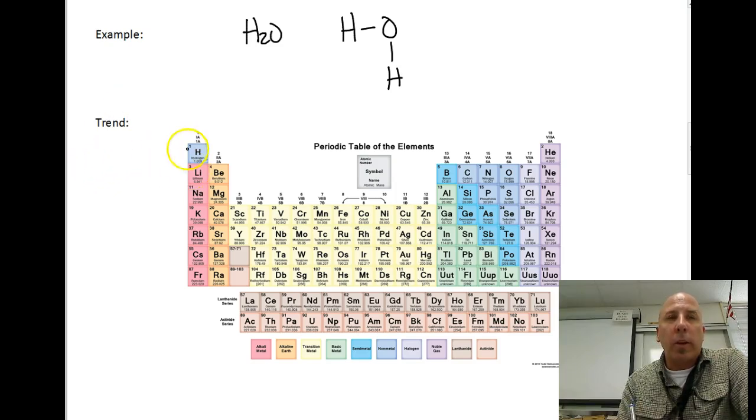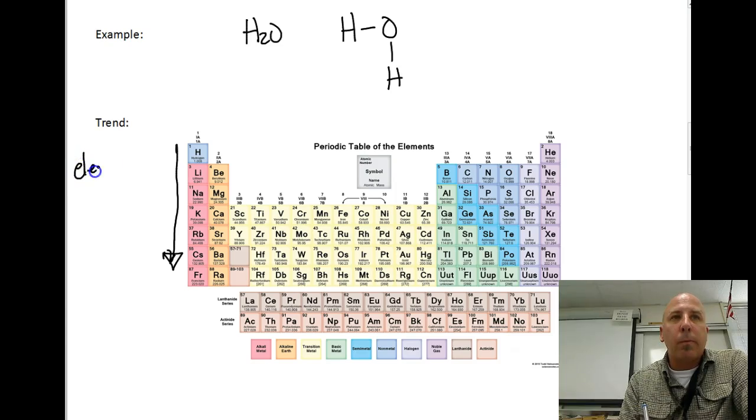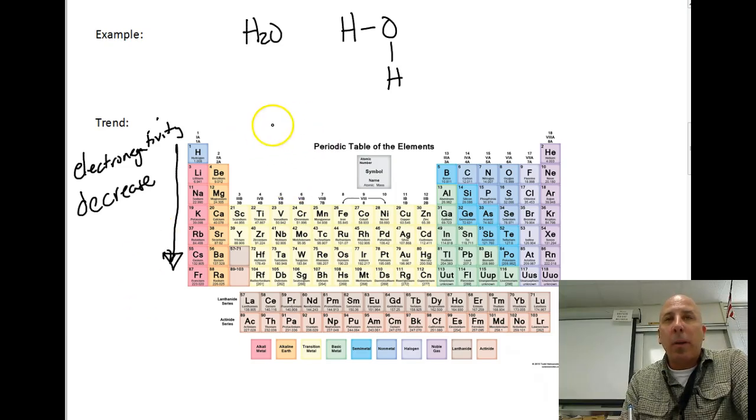So our trend for electronegativity is as we go down the periodic table, the electronegativity is going to decrease. It decreases down. And that means as we go to the right across a period, the electronegativity is going to increase.